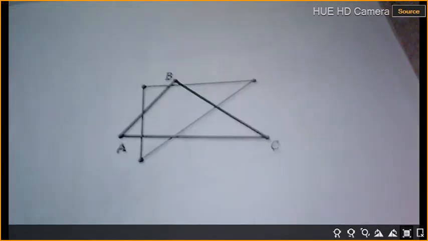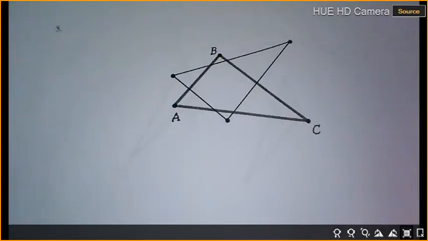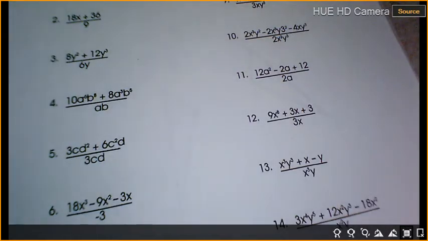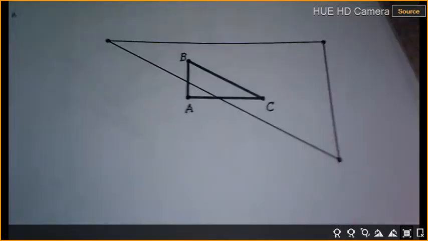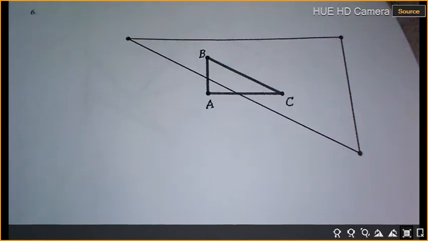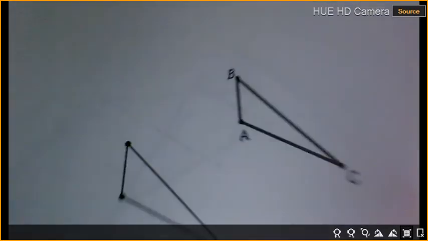What do we think number 5 is going to be? It's going to be a reflection. What do we think number 6 is going to be? Dilation. Okay, and we're going to do number 7.